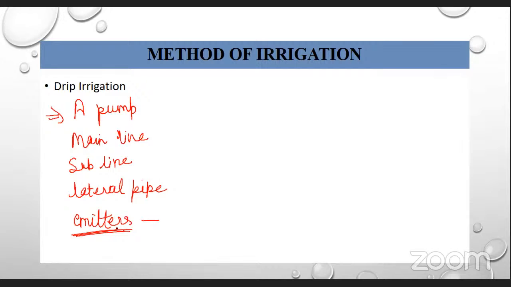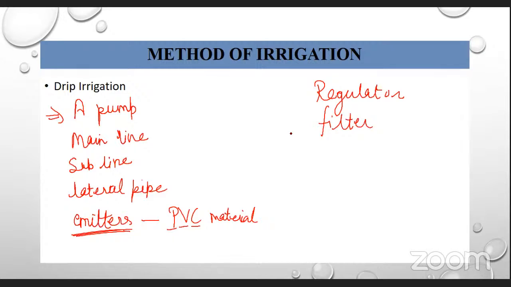These emitters are usually made of PVC material, and the full form of PVC is polyvinyl chloride. We also have other components like regulators, filters, and valves, which we use in drip irrigation. We use a meter so that we can control the water supply.